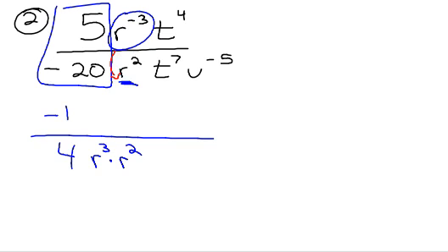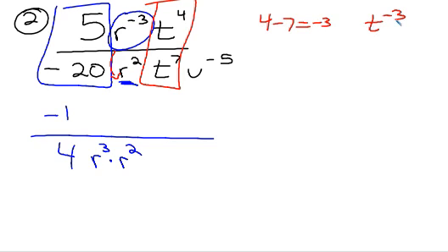Well, now I have this t to the fourth over t to the seventh. Well, didn't we learn we can subtract the exponents? So what's 4 minus 7? Isn't that negative 3? So I have t to the negative 3. Well, that means it needs to go to the bottom. So now I have a t to the third in the bottom.